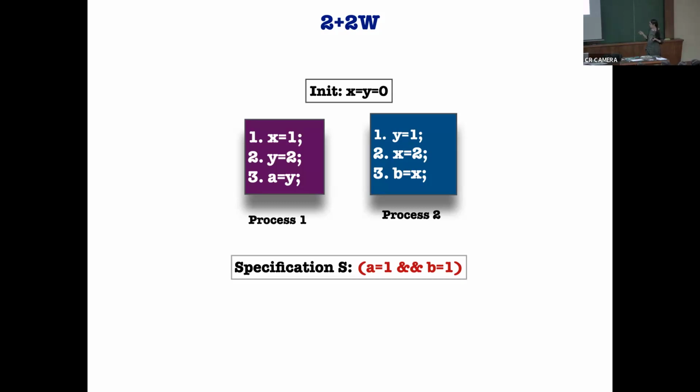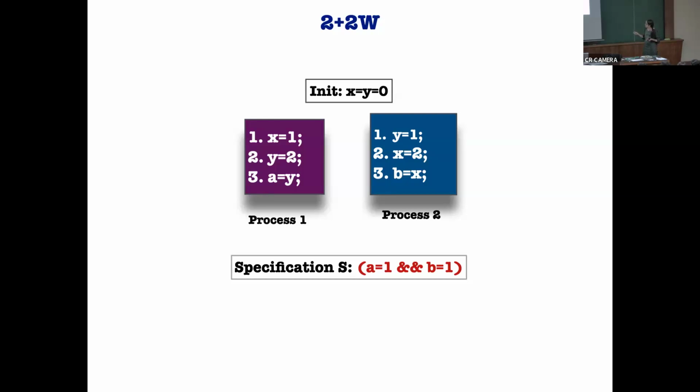I don't remember if I have the execution here, but maybe we don't need it. So what do you think? Can I attain it or I will not be able to get it? Okay, since I want to read 1 into A, let me try writing y equal to 1 first.